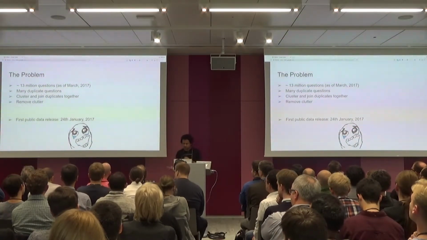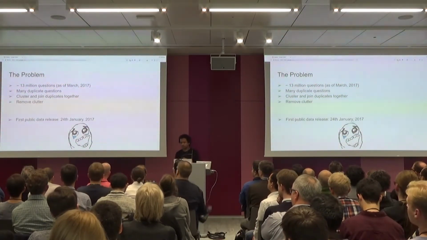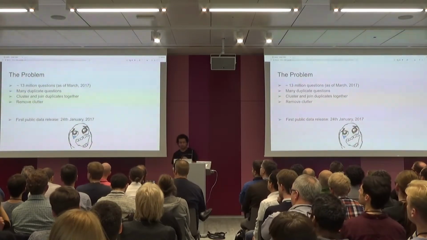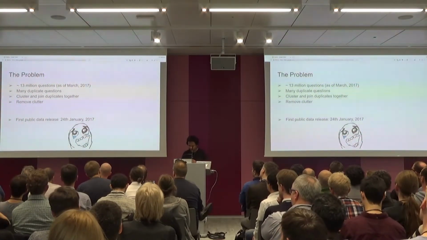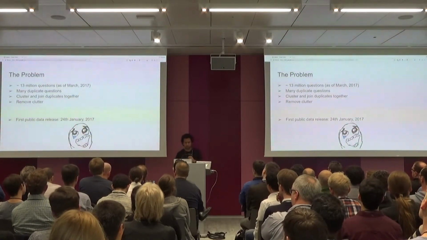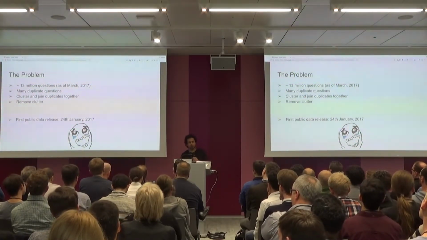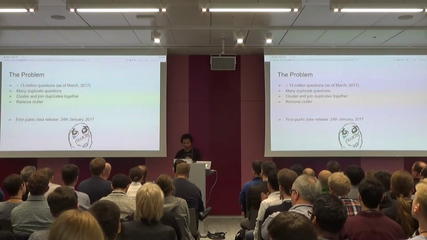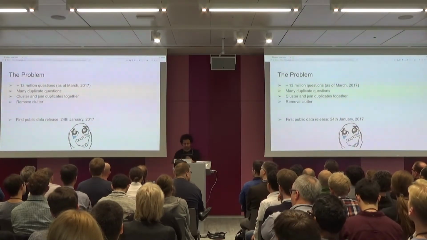As of March, 30 million questions, and with so many questions, it's obvious that there are going to be a lot of duplicates. If you follow Kaggle, there was a competition on Kaggle to detect duplicates in Quora questions, but I'm not going to talk about the Kaggle competition. This is something I've done separately.